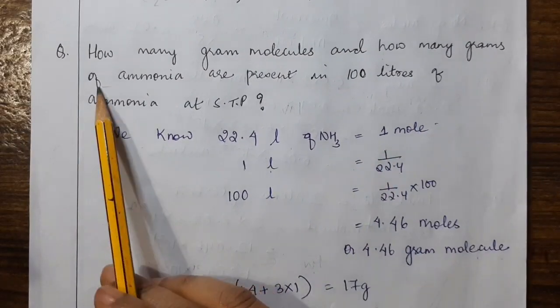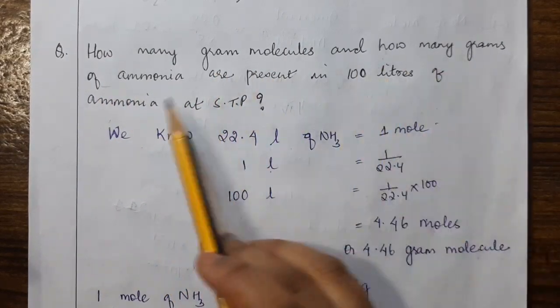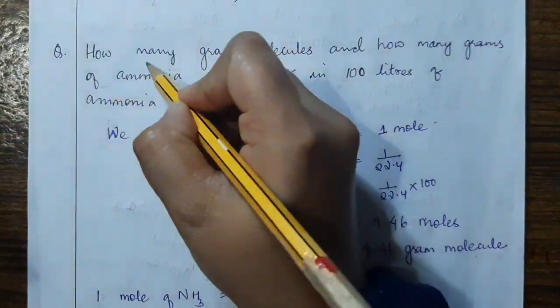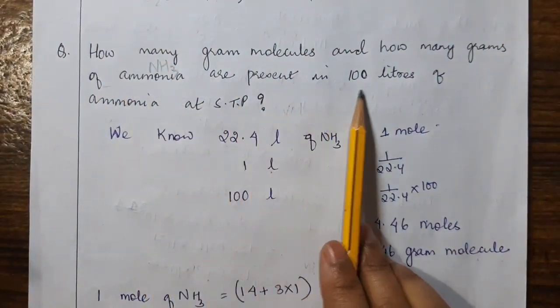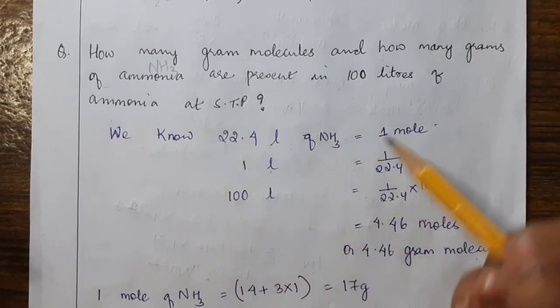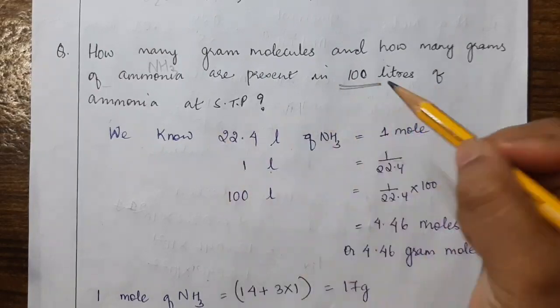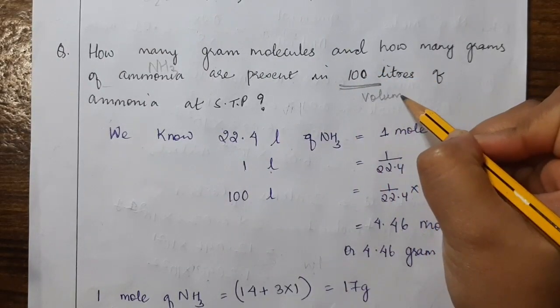The first question here is: how many gram molecules and how many grams of ammonia, NH3, are present in 100 liters of ammonia at STP, standard temperature and pressure? 100 liters is the given volume.